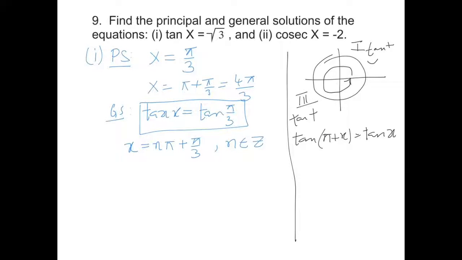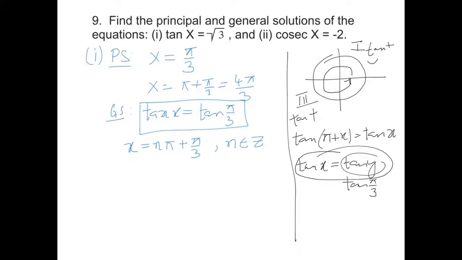So the trick to finding the general solution is to first express the general trigonometric function, for example in this case tan x, as equal to a particular value, for example tan y, which in this case is tan of pi by 3, one of the solutions that we already know. And then we write the solution to this equation as the general solution.